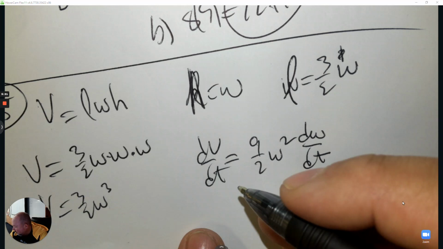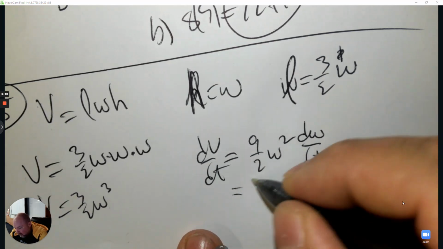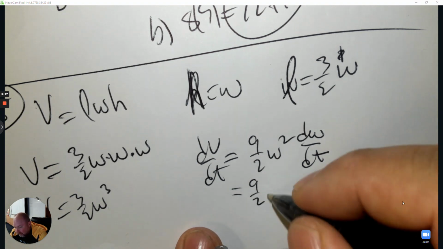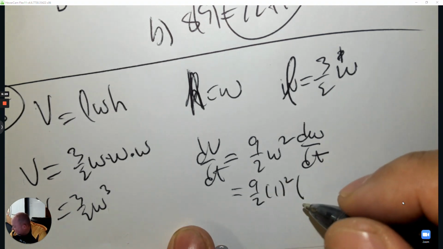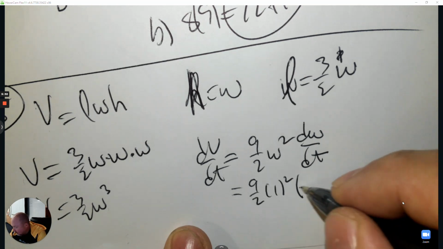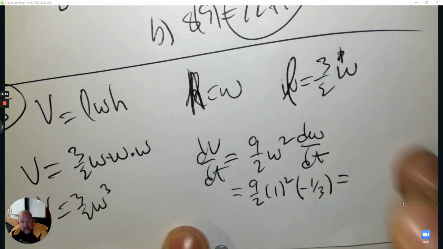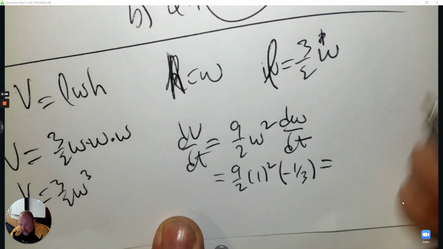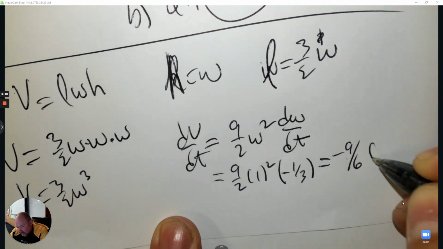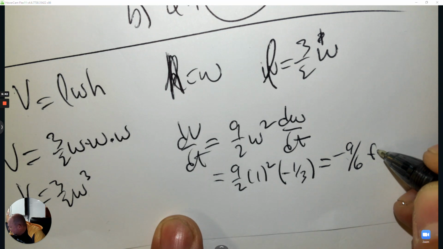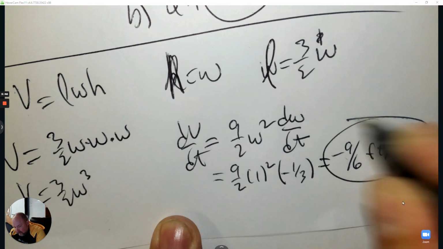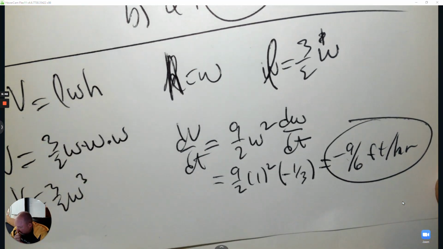You're given the width and the change. So the width is 1, they said. So when the width is 1 and the rate the width is changing is negative 1/3, if I put this together, I get negative 9 over 6, and that's feet cubed per hour. That's the rate the volume is changing at.